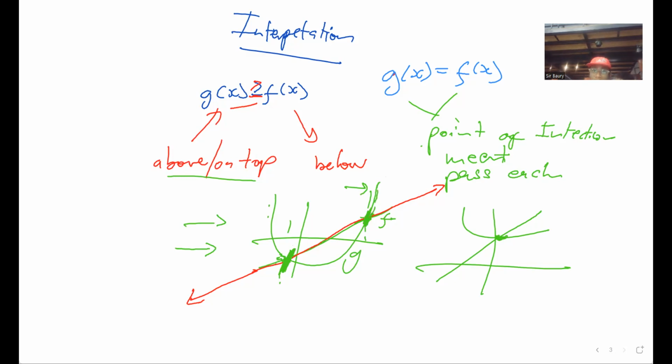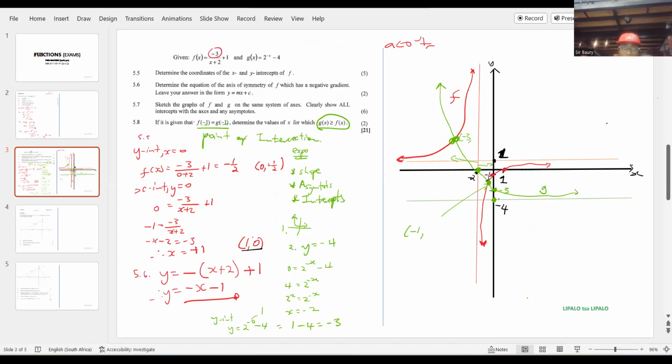So getting back to the question, I'm going to look at where G is on top of F. The green one is G. You can see just before -3, G is at the top. So my answer for 5.8: x is less than or equal to -3.